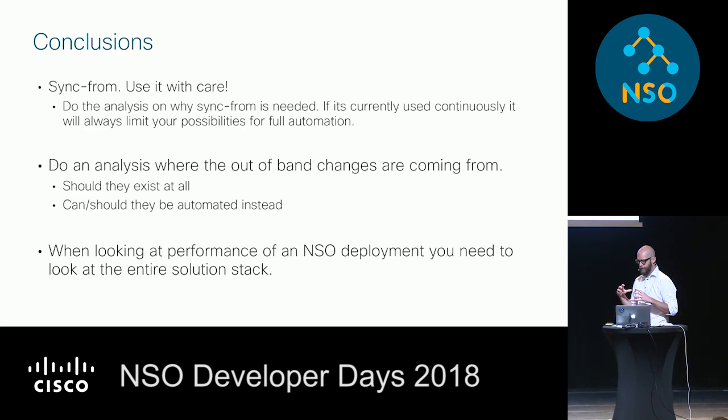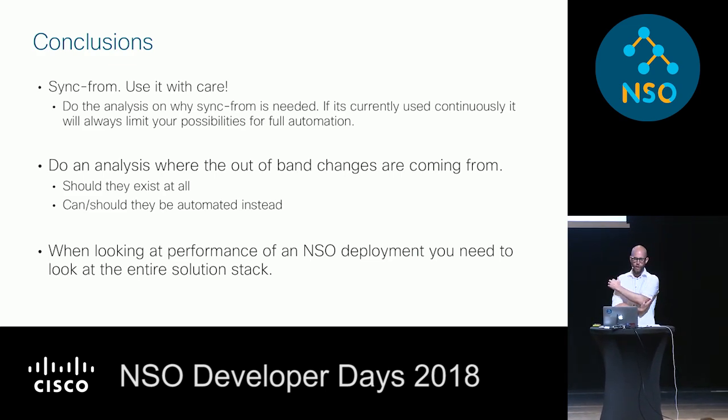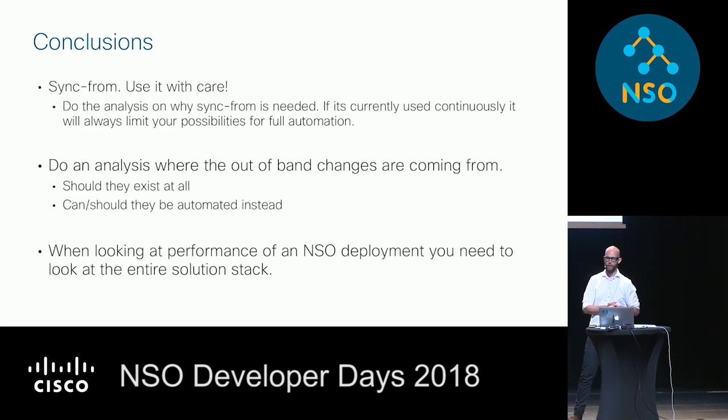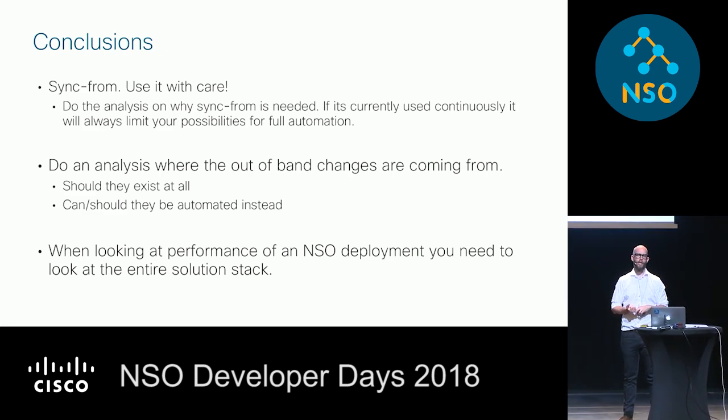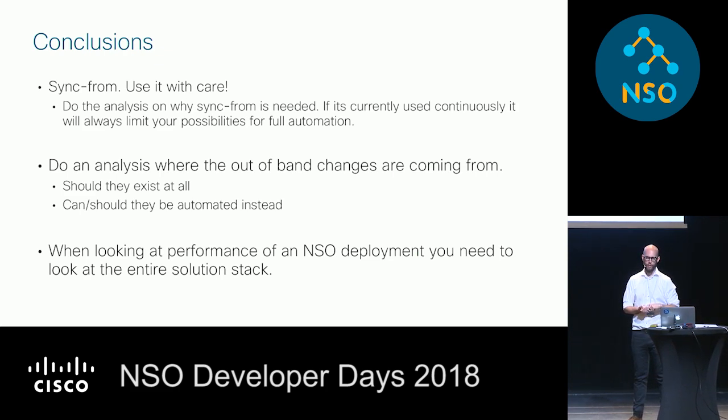But if there's something I want you to take away from this short presentation, it is that sync-from should be done with care. If you have a process or a workflow or a provisioning flow that continuously does sync-from operations, do the analysis of why you have to do that.